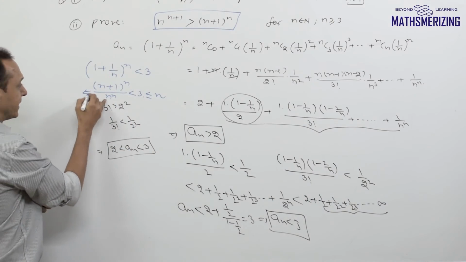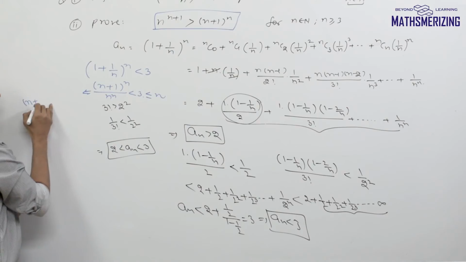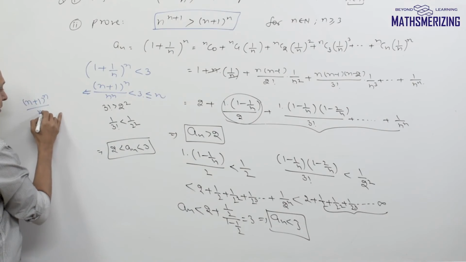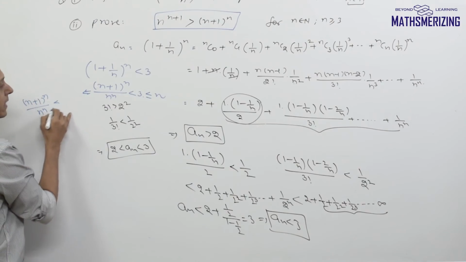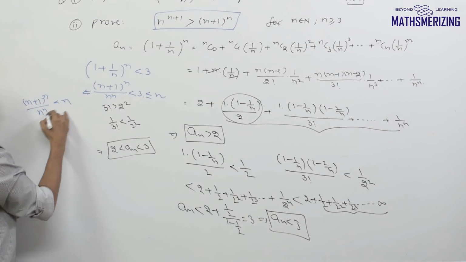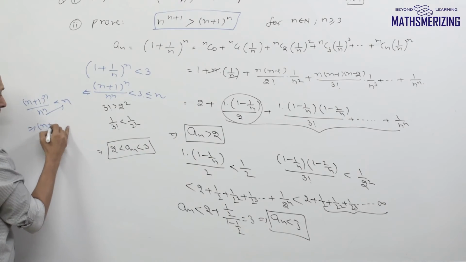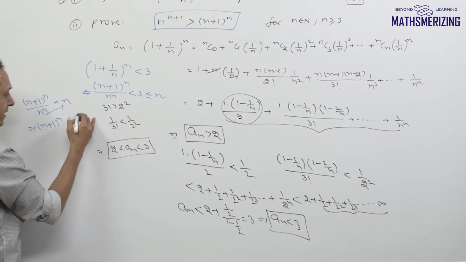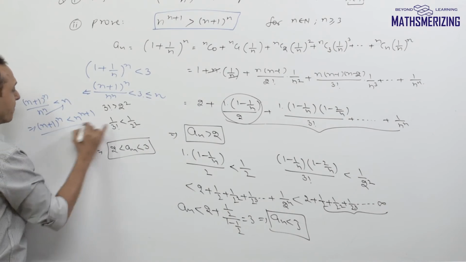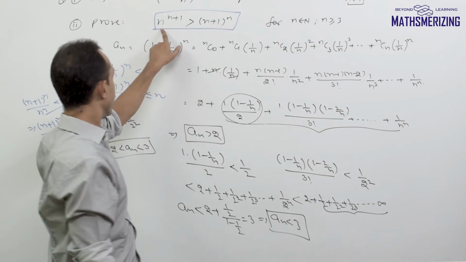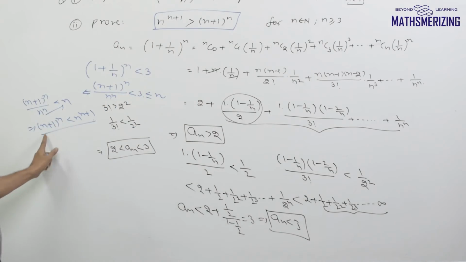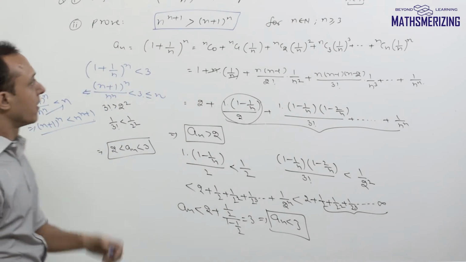So if I simplify it here, n plus 1 upon n to the power n should be less than n. If I multiply this n here, I can write n plus 1 to the power n is less than n to the power n plus 1, which is my second part. N to the power n plus 1 should be greater than n plus 1 to the power n.